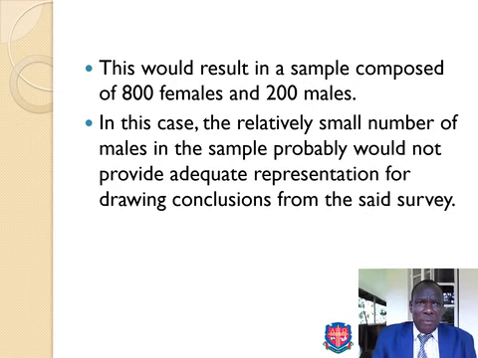If males are known to be more politically oriented, having more political opinions, then that proportion of 200 vis-a-vis 800 females will skew your results. Because the majority of the females in your sample don't have an opinion in politics. They will all say, no, I have no opinion. And then the few males have opinions. Then the proportion will be skewed.